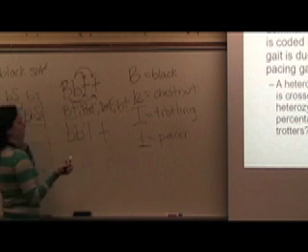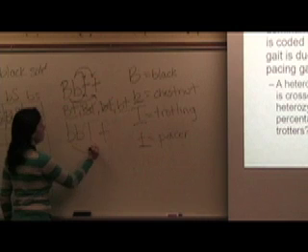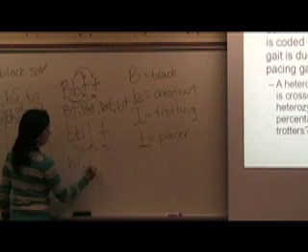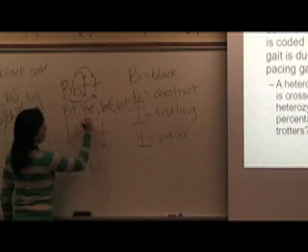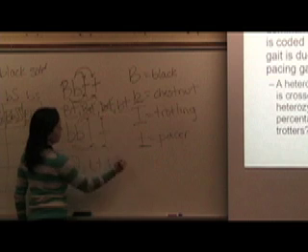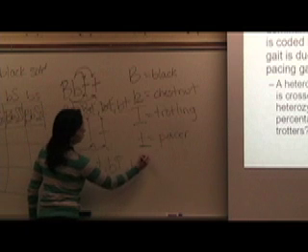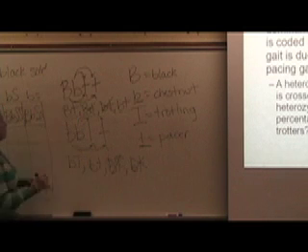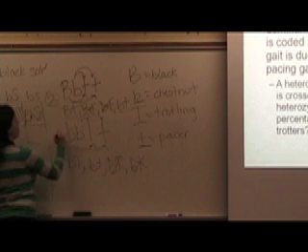For the second parent: little b, big T, or little b, little t, and again, little b, big T, or little b, little t. Again, we have some repetition, so I'm going to cross those out. So each parent has two possible gametes.